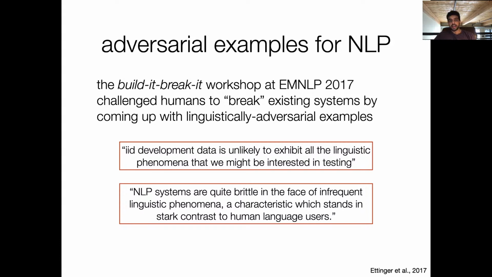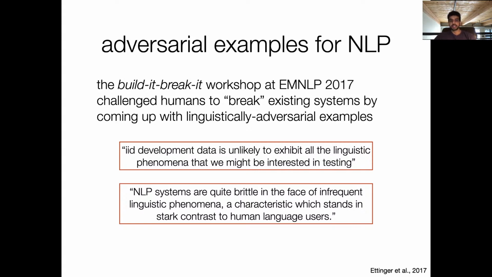In general, adversarial examples have been a popular topic in NLP since about 2017, so it is pretty recent. Again, it followed from the foundational work in computer vision. But there have been workshops dedicated specifically to developing adversarial examples that break existing models.